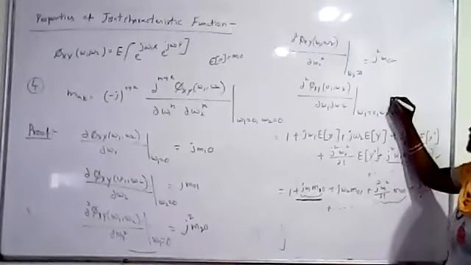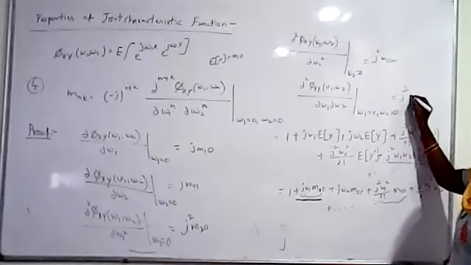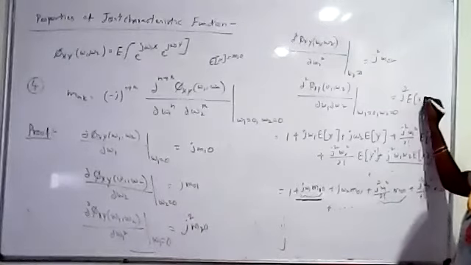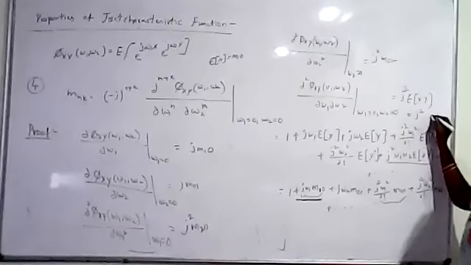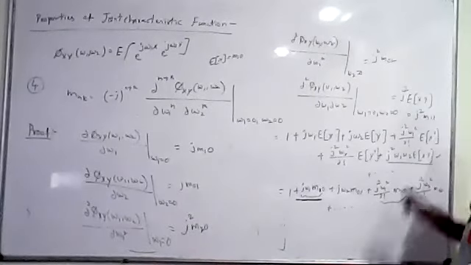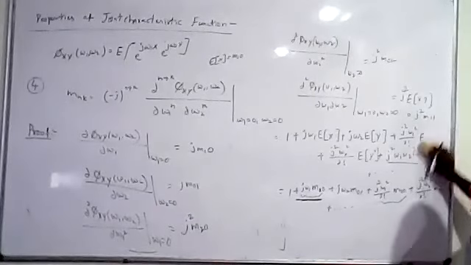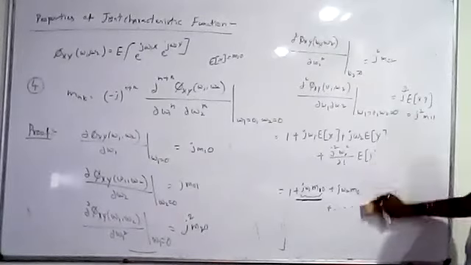What you get here is j square expected value of xy. What is the expected value of xy? It is m11, yes or no?